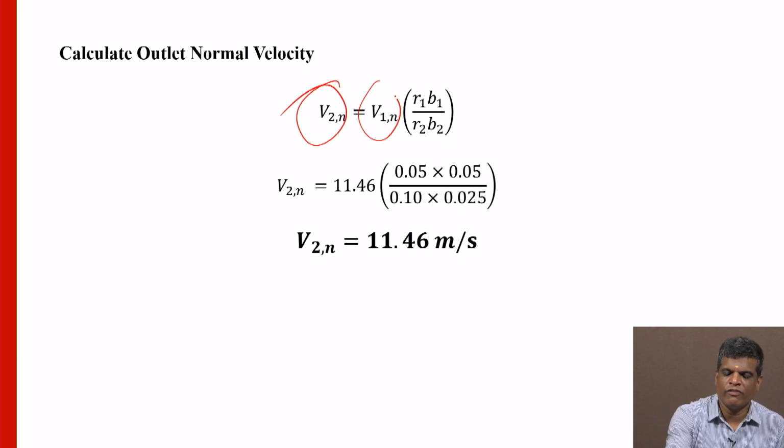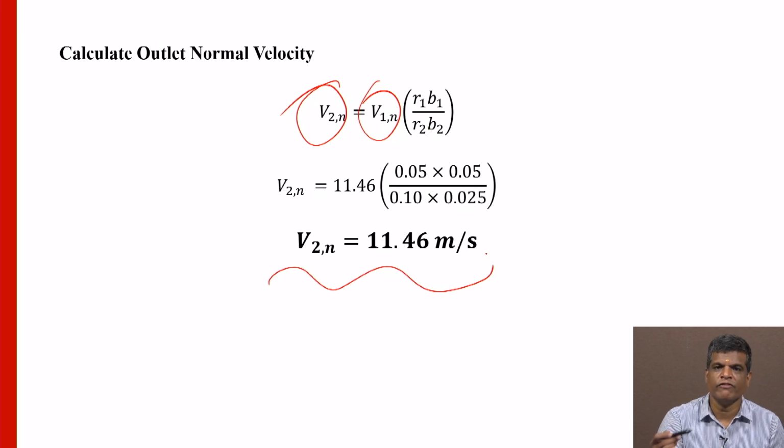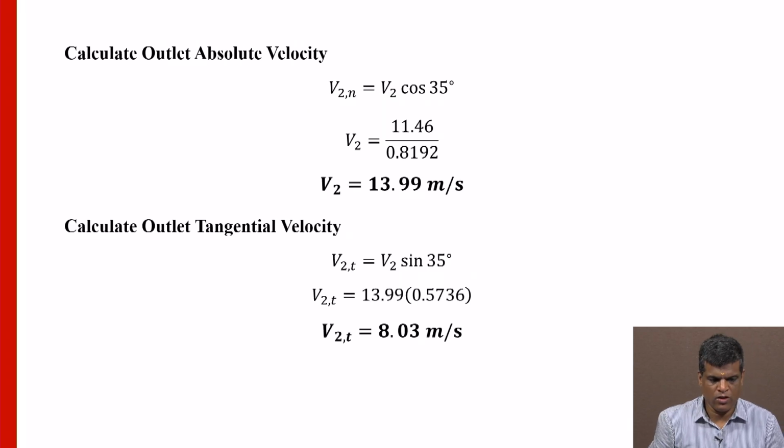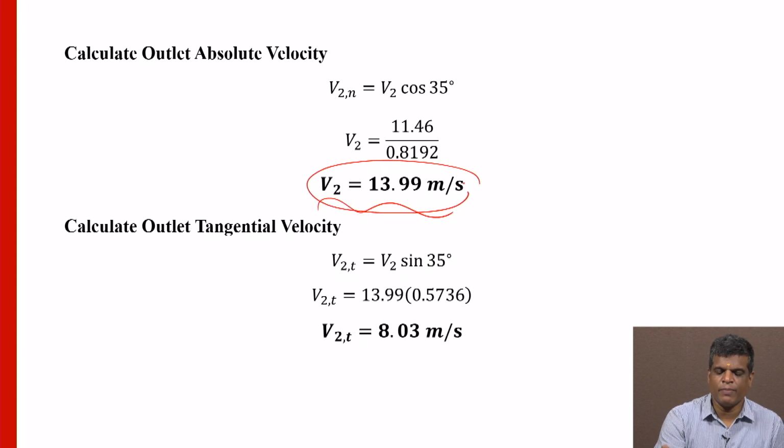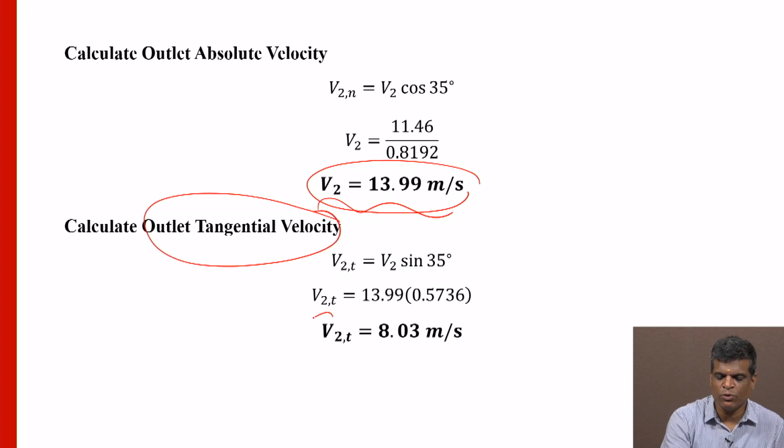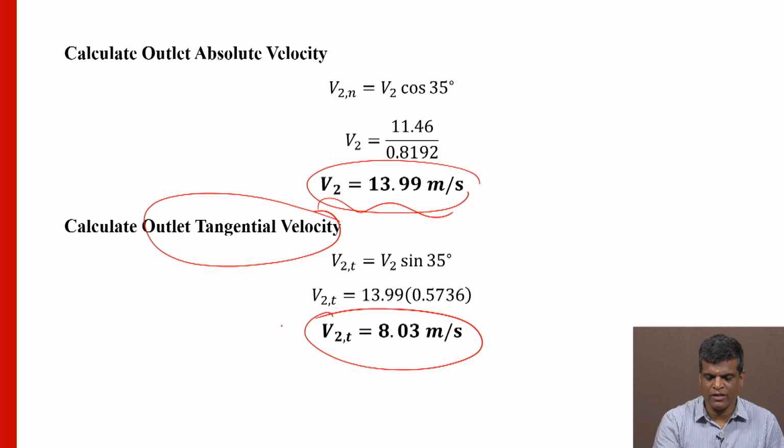We know the value of V1n, and all other values, so we can get the normal velocity V2 here. So V2 equals 13.99 meter per second. To calculate the absolute velocity, the outlet tangential velocity V2t is 8.03 meter per second, because alpha 2 equals 35 degrees.